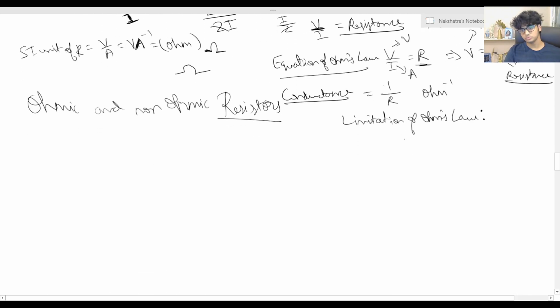So where there is resistance there is heat, and if there is heat the temperature will change. If the temperature changes, Ohm's law will not be applicable. So the limitation of Ohm's law is that temperature must be constant. Okay.